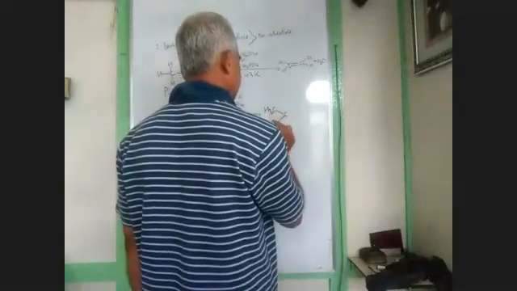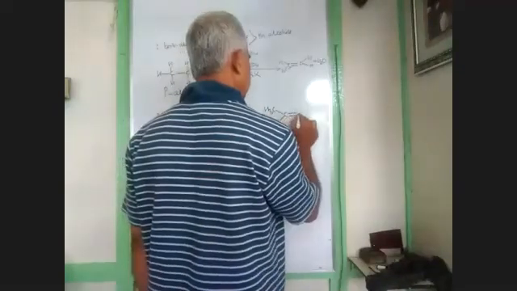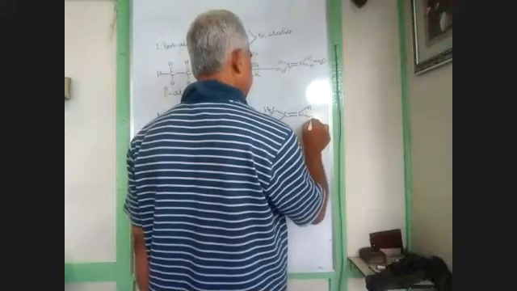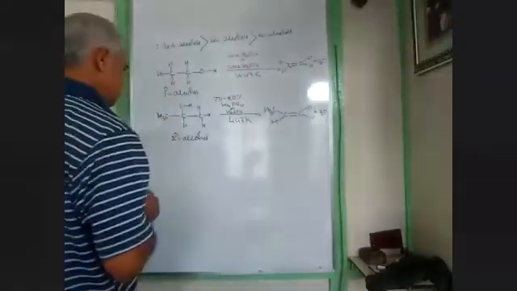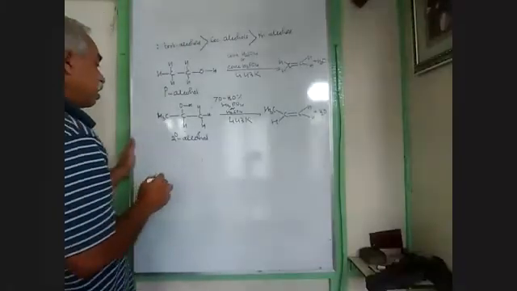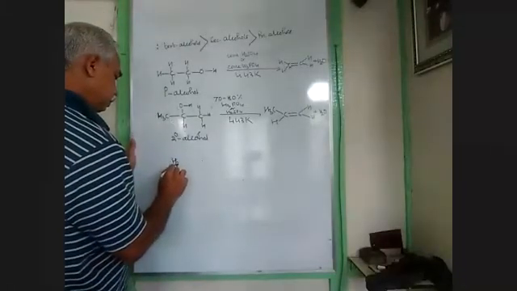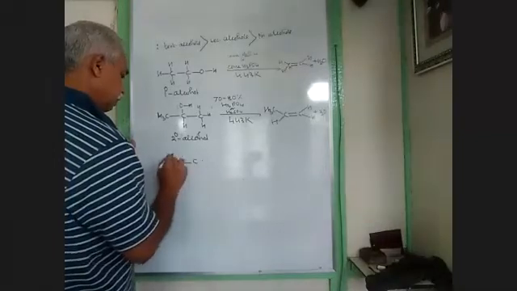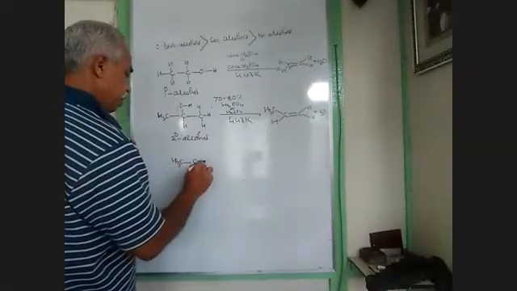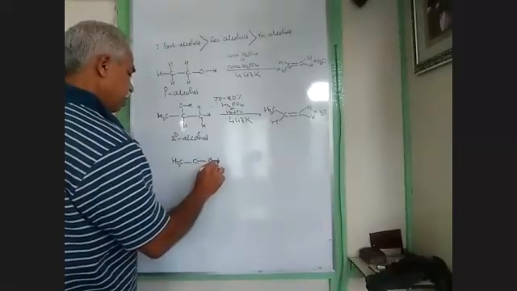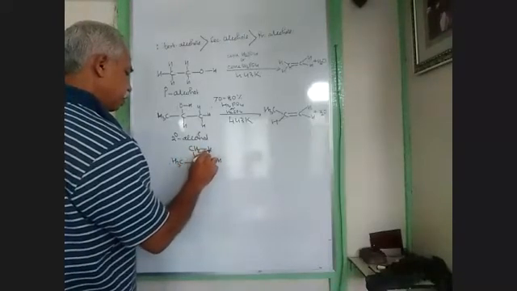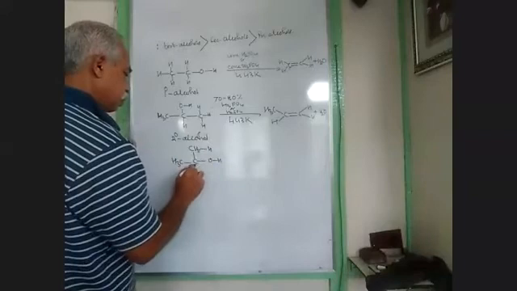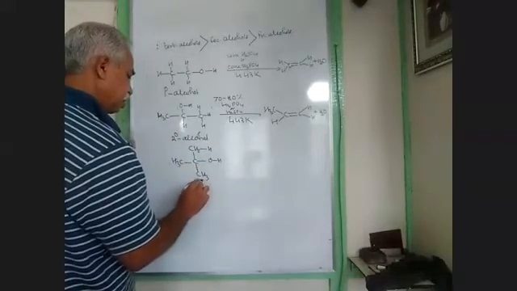CH3, CH, plus H2O. Now when I take tertiary, see here, I take OH. This one I'm going to write like this so that it becomes easier for you to understand what goes out, and CH3.